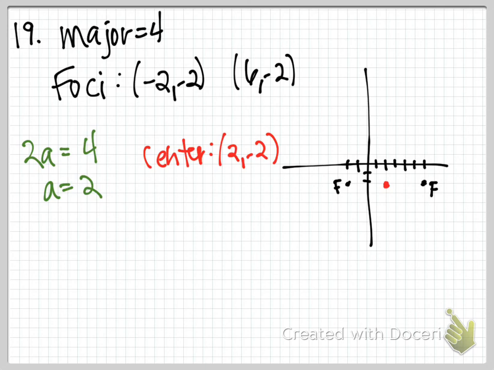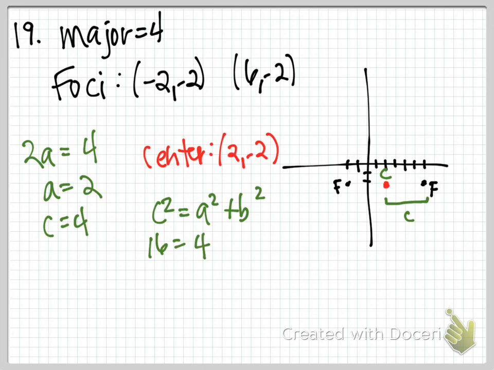I use that from the center to the focus point is C. So C equals 4. And then I get 12 equals B squared. Again, we know that this is a horizontal hyperbola because foci went left and right, which means my vertices went left and right. So that just means that x comes first.